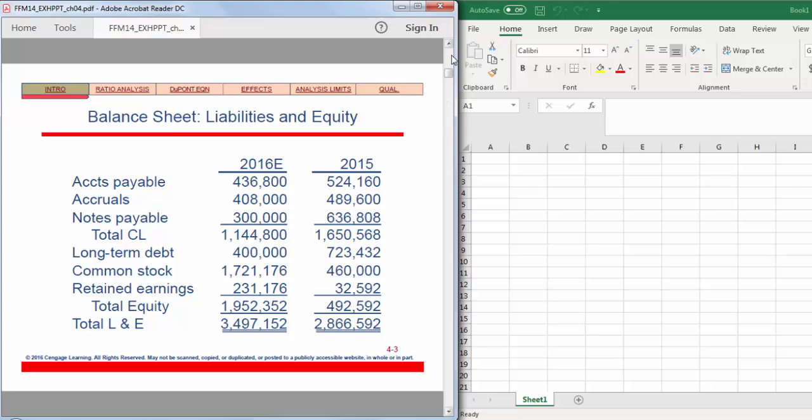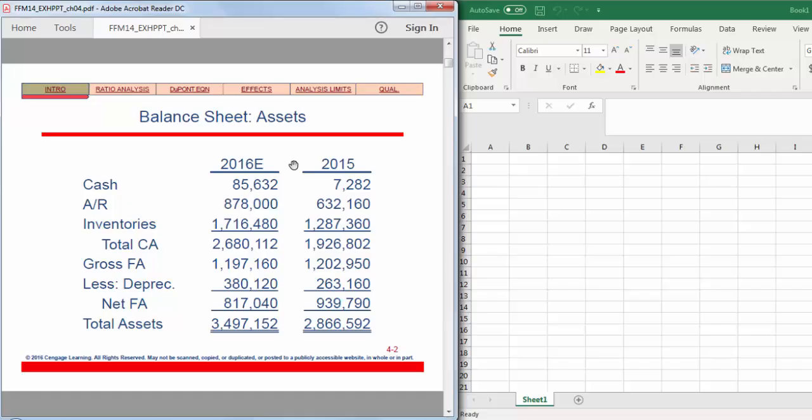So just a quick refresher, we can see that we're starting in the order of liquidity. That is how liquid the asset is, starting from cash, accounts receivable, inventories, and that's going to give us the total current assets. Then we have the gross fixed assets, less depreciation, net fixed asset, and then total assets.